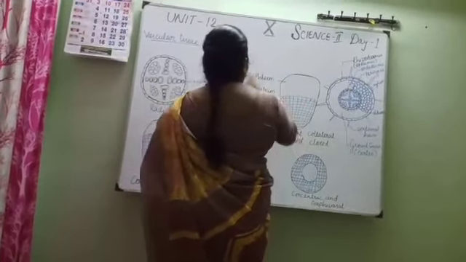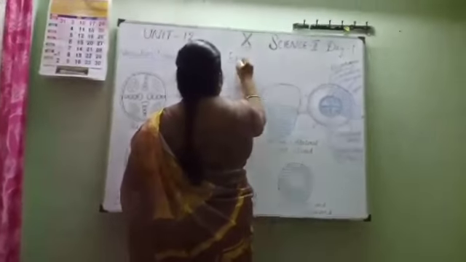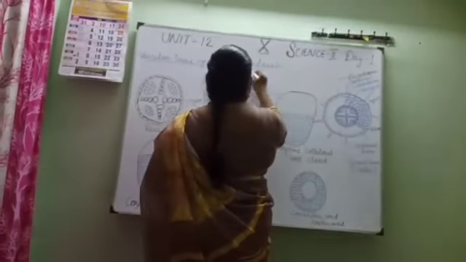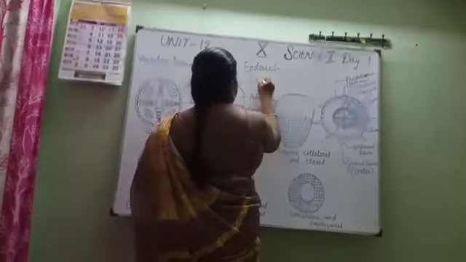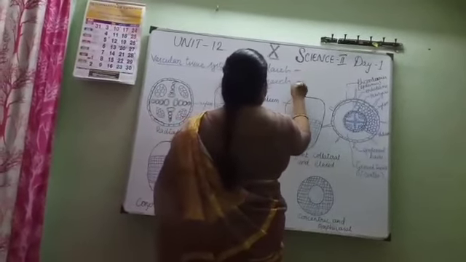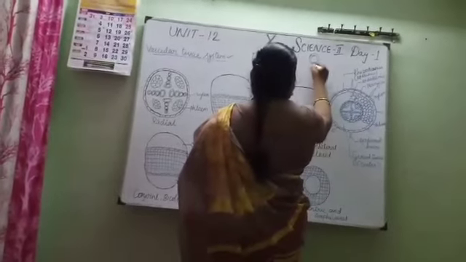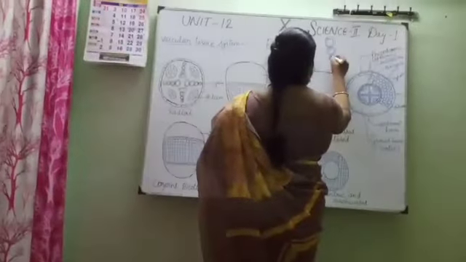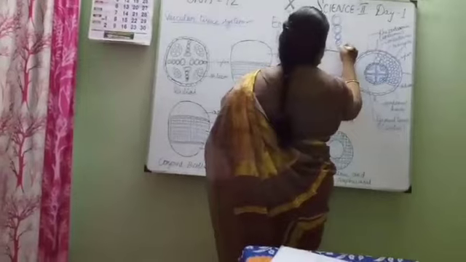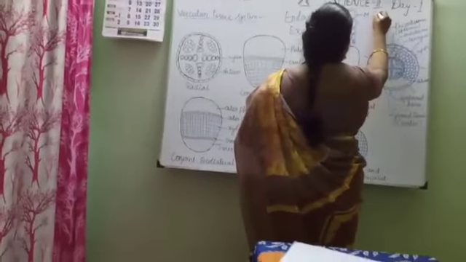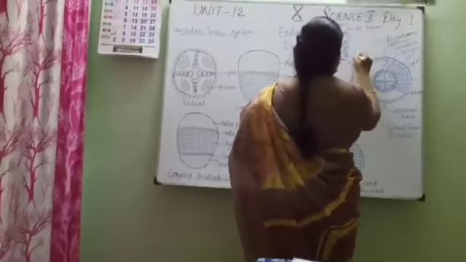Again, there are two types of xylem arrangement. One is endarch, another one is exarch. Endarch vascular bundle. See, this is a metaxylem. This is a protoxylem.